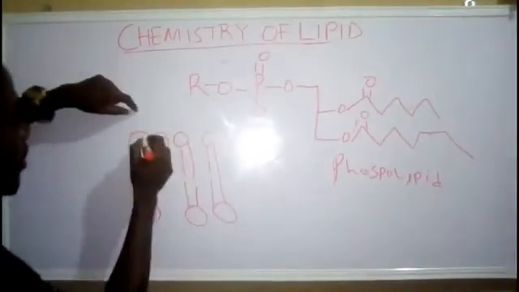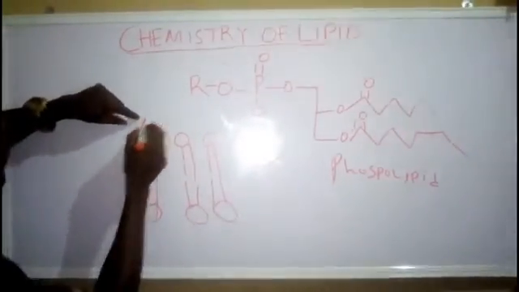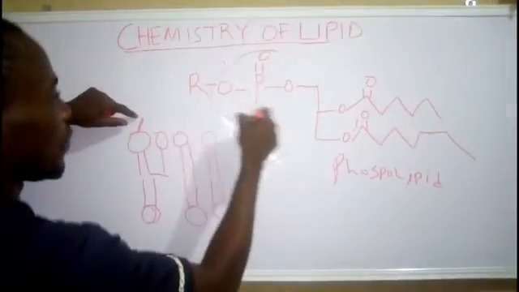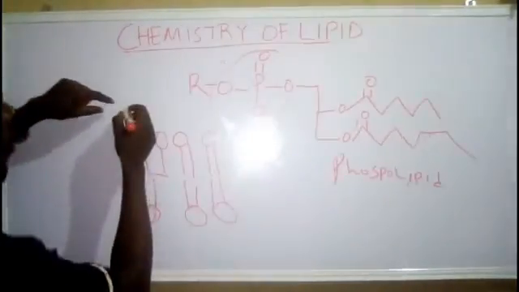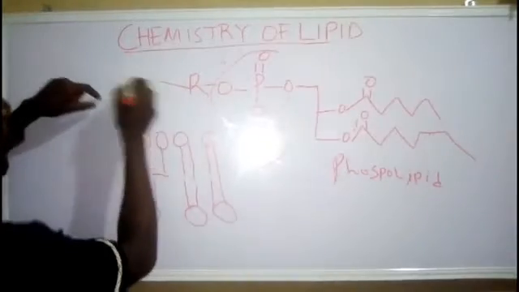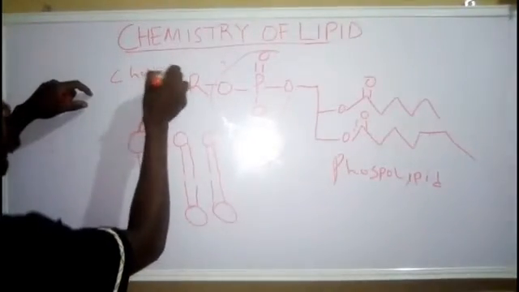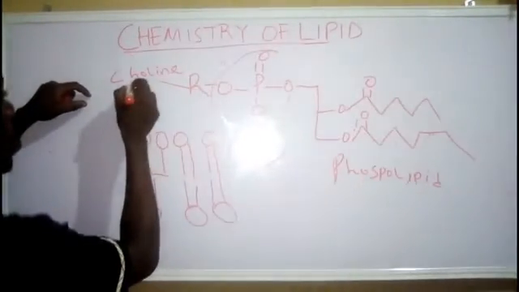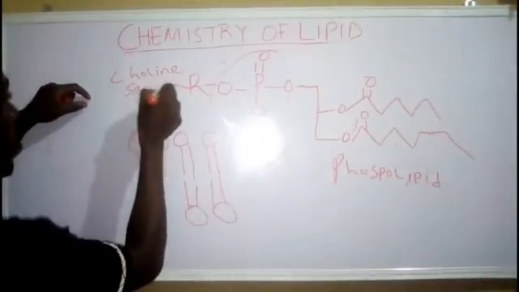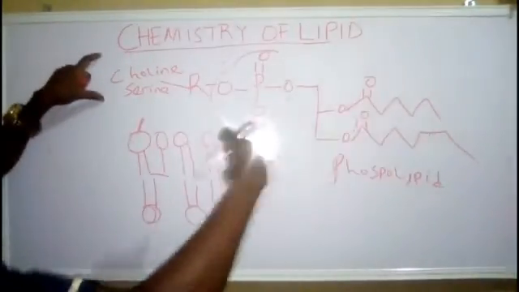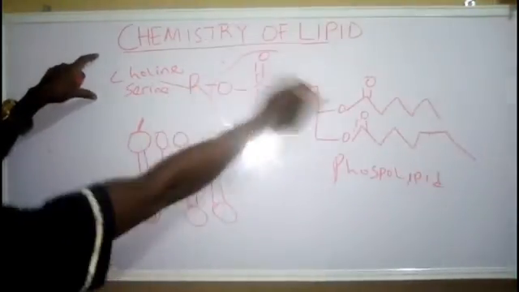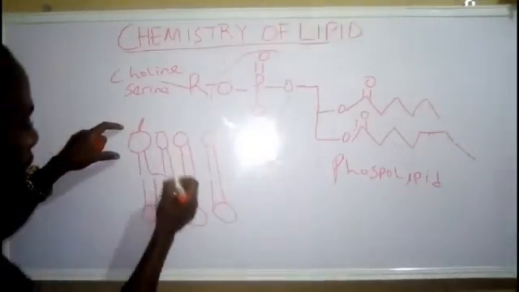Now they face themselves. So this is the hydrophilic head. Now this phosphate is the hydrophilic head, so it's the one facing water. I said this R could be choline, or it could be serine, or some other substances that are usually joined to the phosphate group here. So now this is it. Can you see?